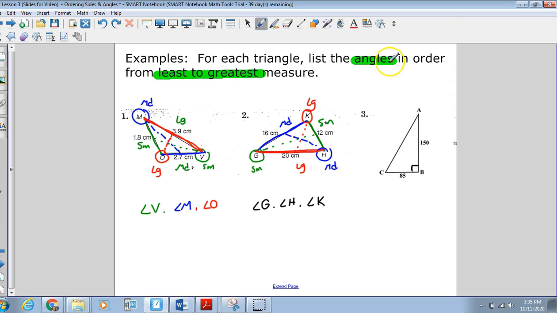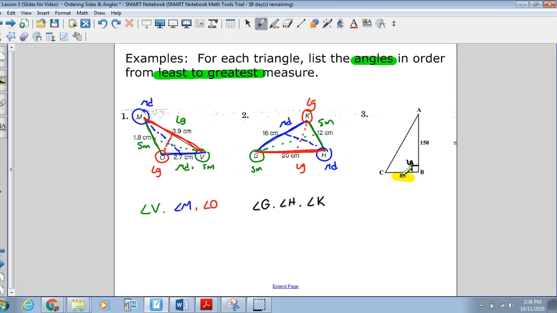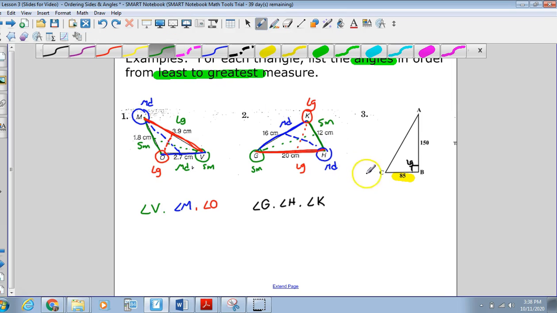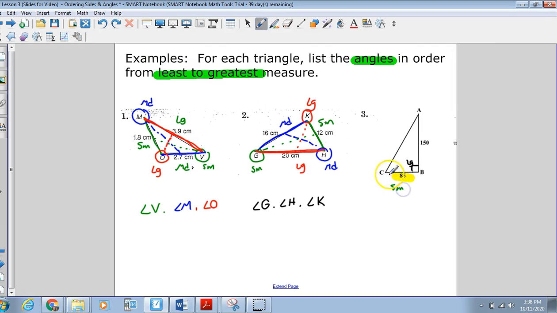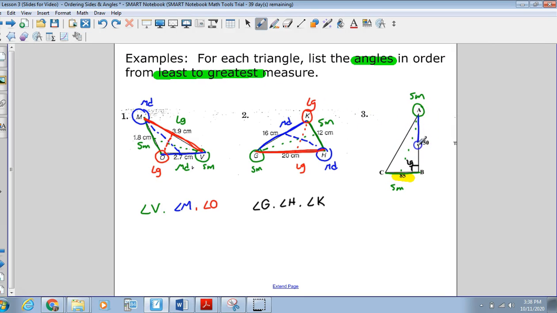So if we want to list our angles, I'm going to highlight this time. This is our shortest side right here, and that would be our smallest side. And across from this side, this angle A has to be our smallest angle. And our medium side is 150.